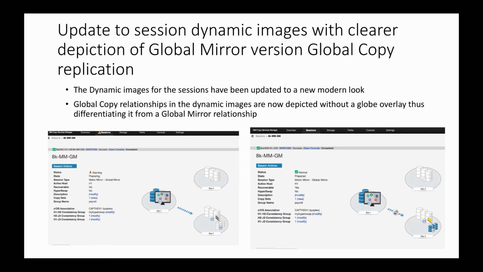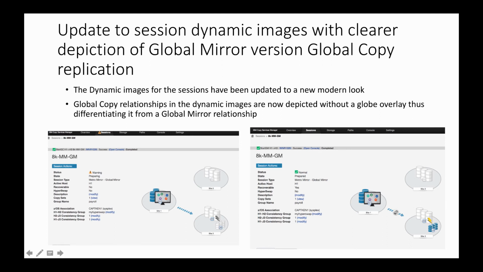Previously, whenever you had global copy or global mirror, you would see that filled-in arrow with an overlay of the little globe, just like you see in this bottom right picture. Both global copy and global mirror had that overlay, so you were never sure just by looking at the dynamic picture what was being used.